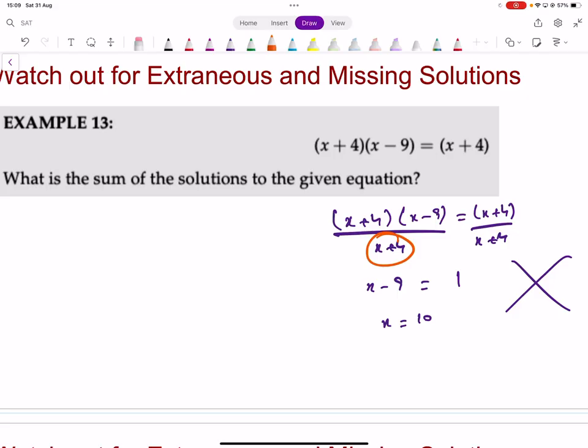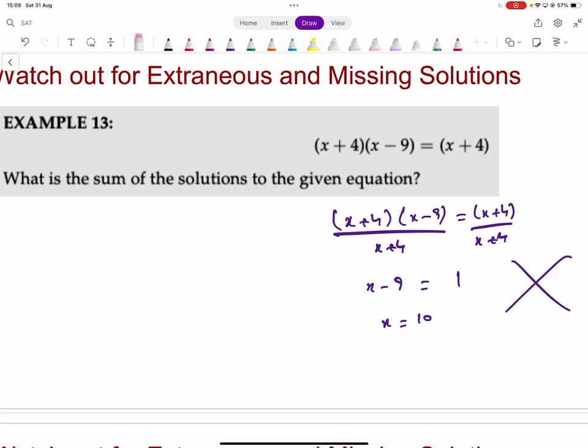We never divide by variables. We cannot divide by x or anything in terms of x unless we are sure that it is not 0. Here we are not sure. X could be minus 4 and that makes x plus 4 0 and it would be undefined. Does that make sense?